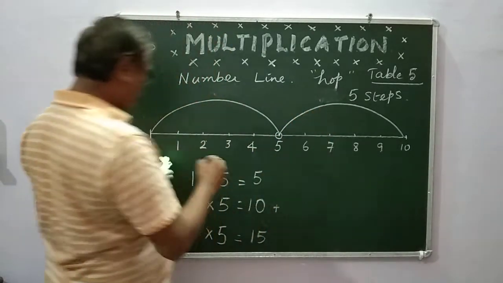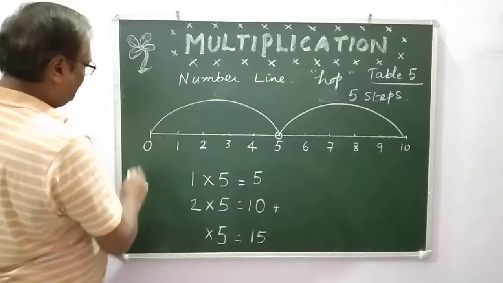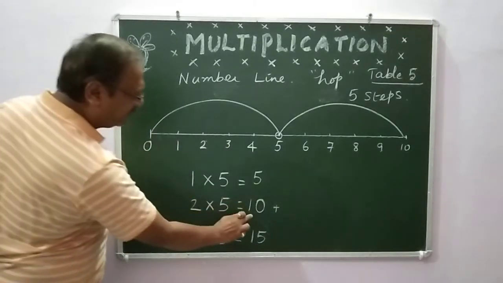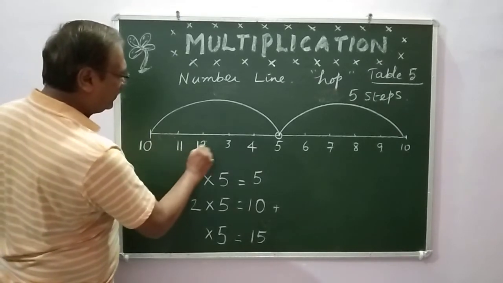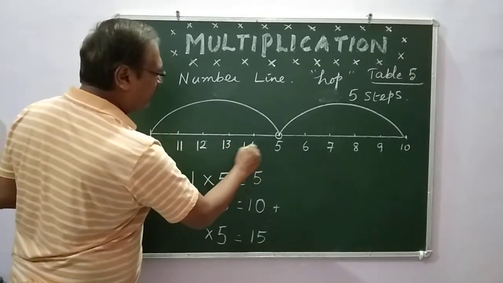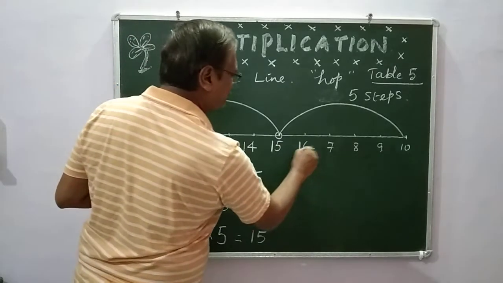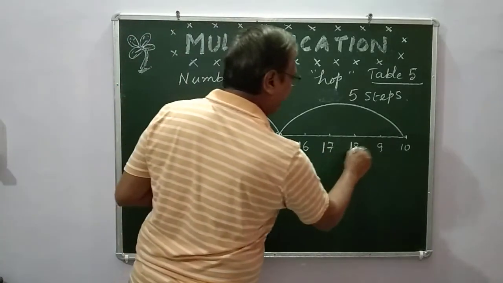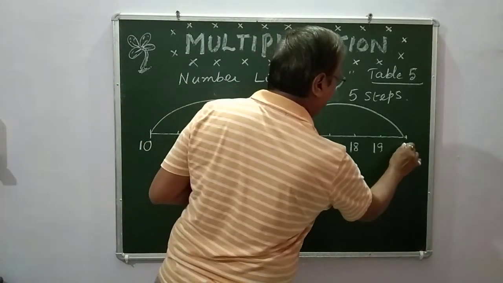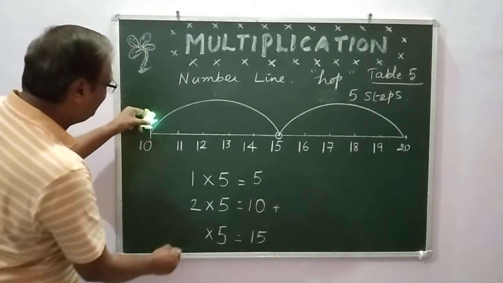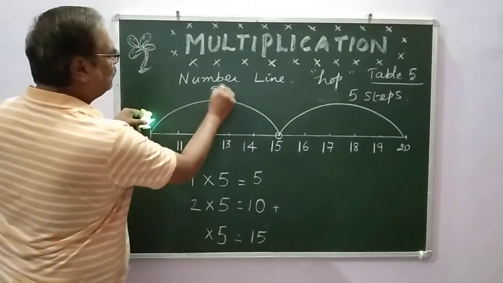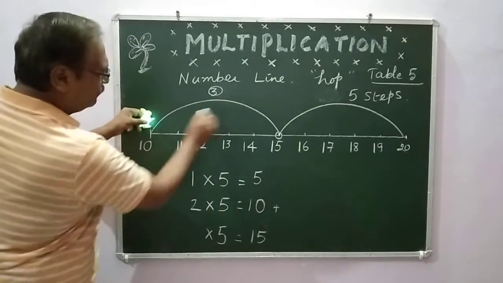Okay, now I am going to change the number. Instead of 0, now I have come to 10. I will make it 10, 11, 12, 13, 14, 15, 16, 17, 18, 19 and this is 20. Right. Now, the third time when it jumps, it is from 10 to 15.